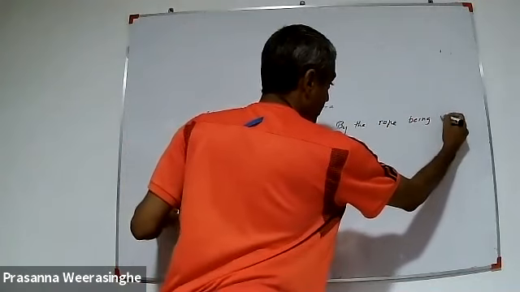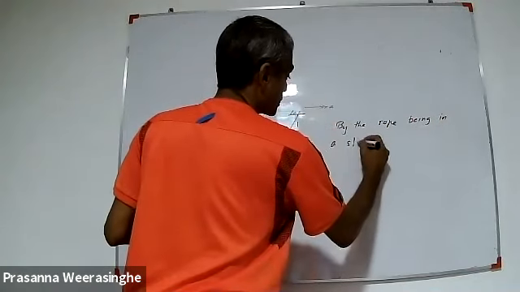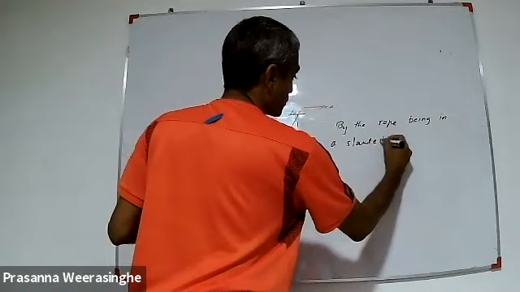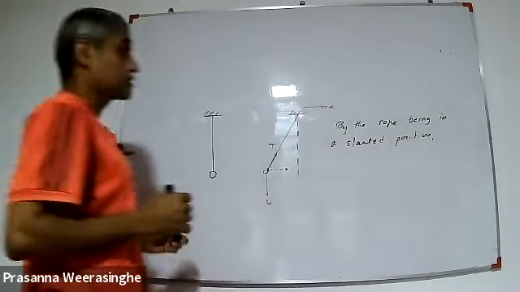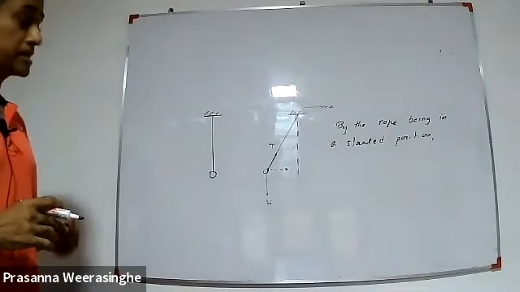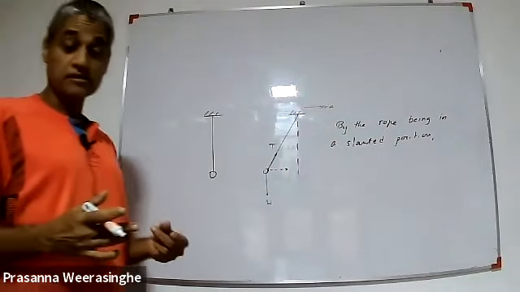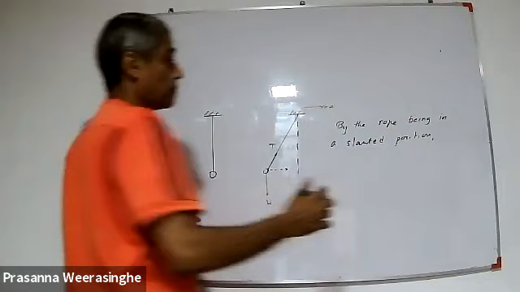By the rope being in a slanted position, the tension is at an angle. So then there are components.